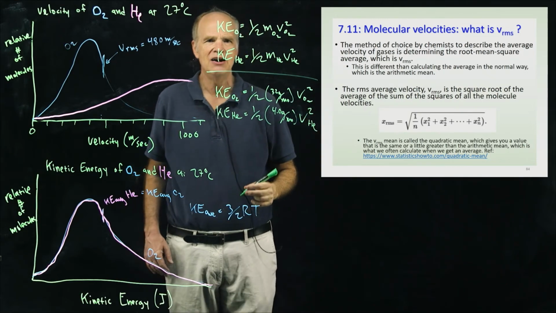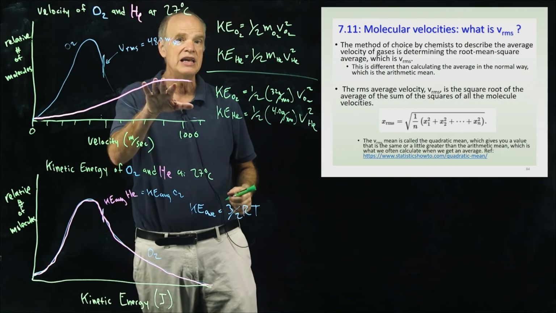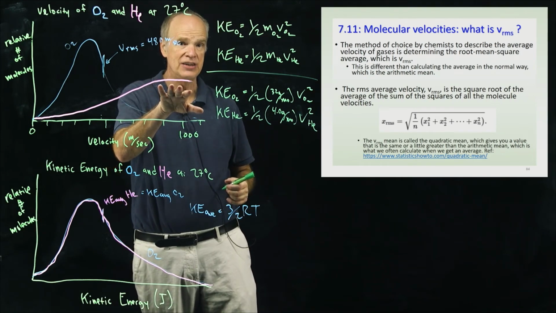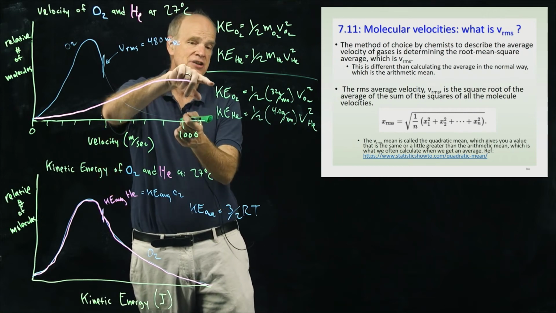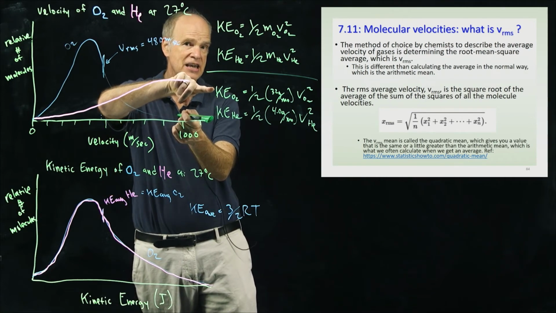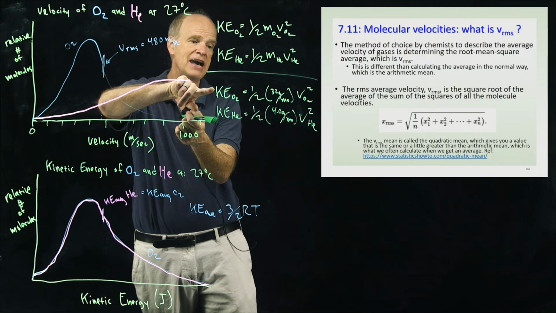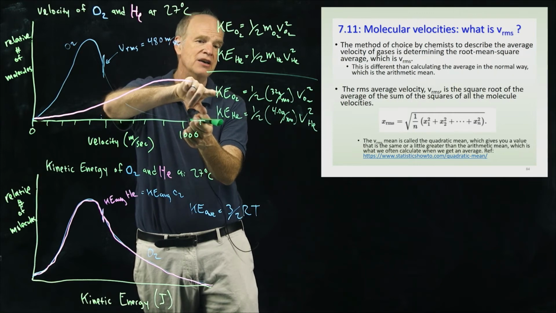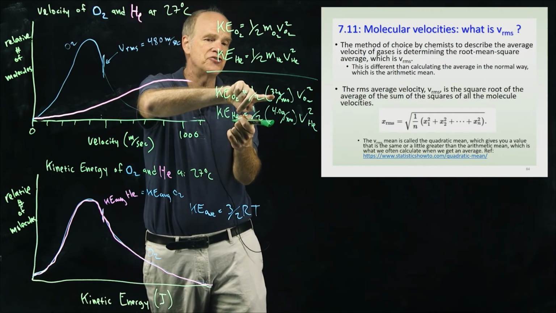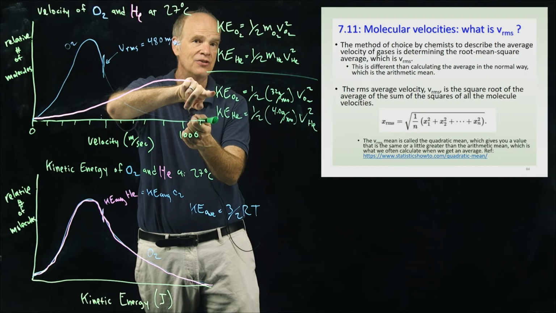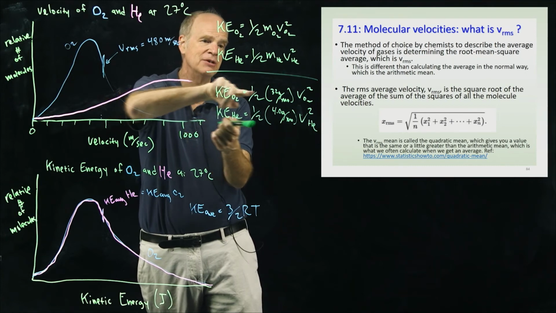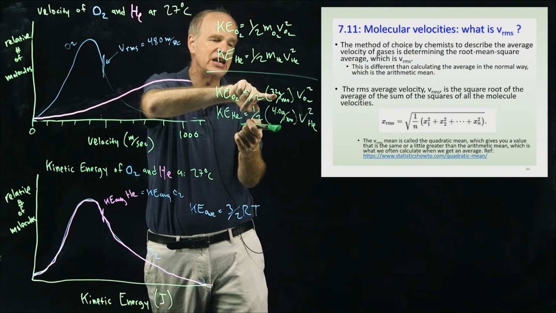And so now I think you can see why the average velocity of helium is so much greater than that of oxygen. Imagine here that these kinetic energies for oxygen and helium have to be exactly the same, yet the oxygen mass is 8 times greater than the helium mass. So how can we have these kinetic energies be the same if this number for oxygen is 8 times greater?